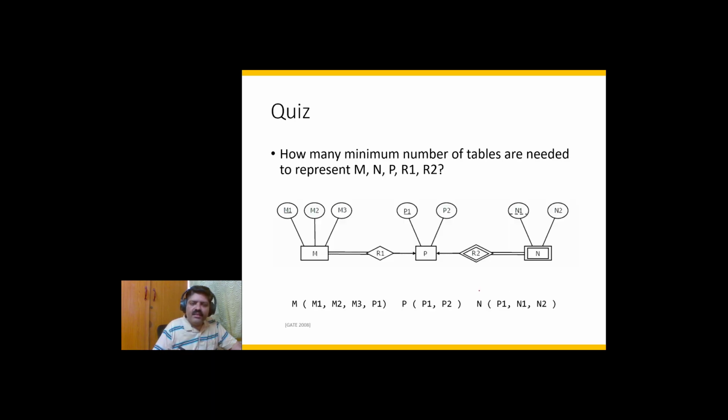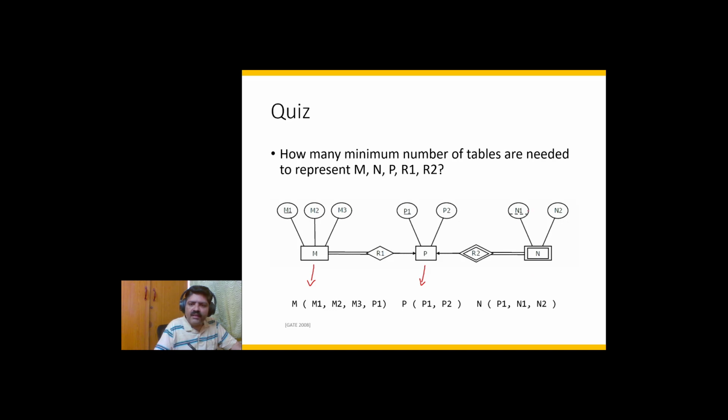Okay, so here is another quiz for you. What is the minimum number of tables needed to represent this ER model? So you see that a strong entity M gets converted into a table M, and we have another strong entity P, so it has its table P. And now I have a weak entity N, and I have to decide what to do with this.